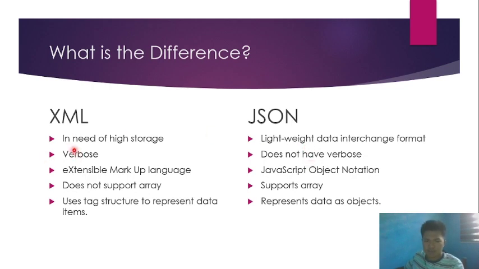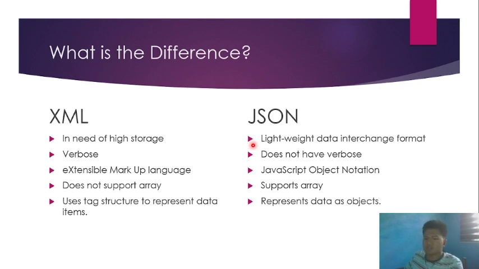XML is verbose, while JSON does not have verbose. So what do these two bullets mean? One of the many reasons why XML has high storage is because it is verbose, while JSON is not, which is why JSON is more lightweight and more compact in storing data.